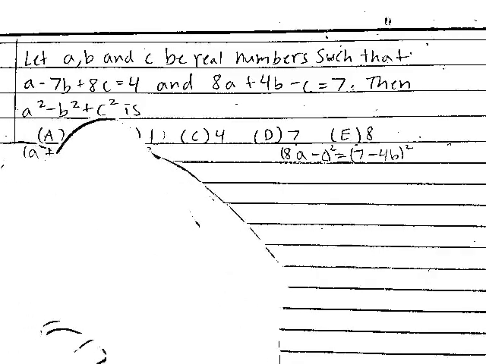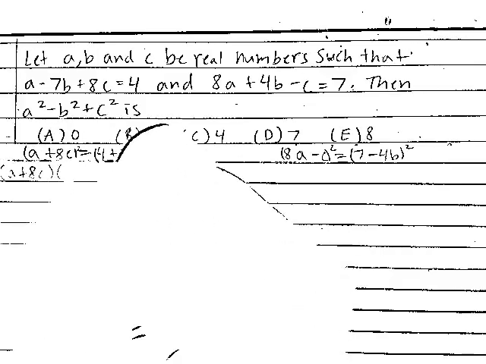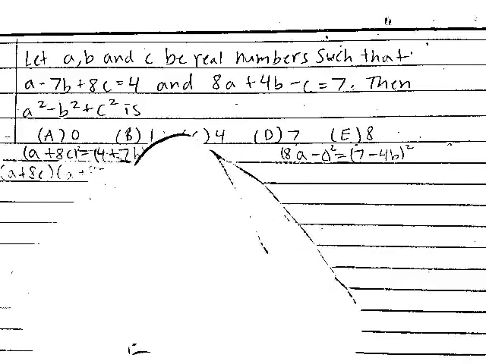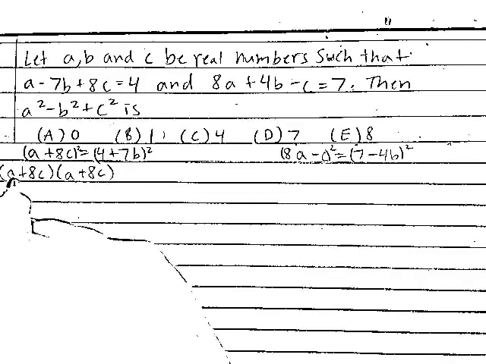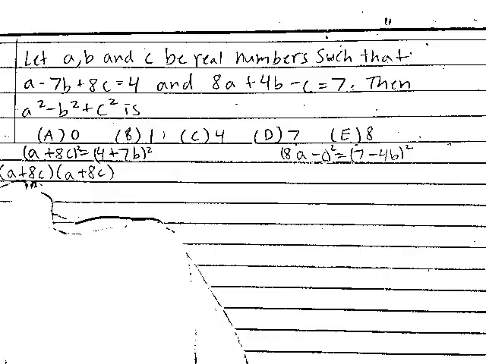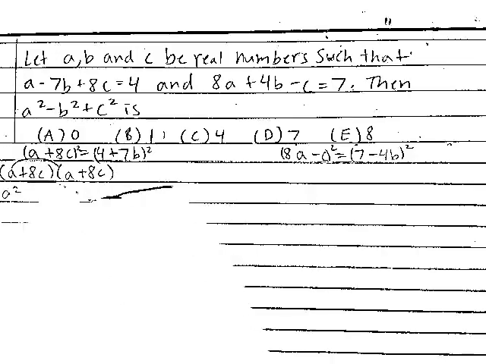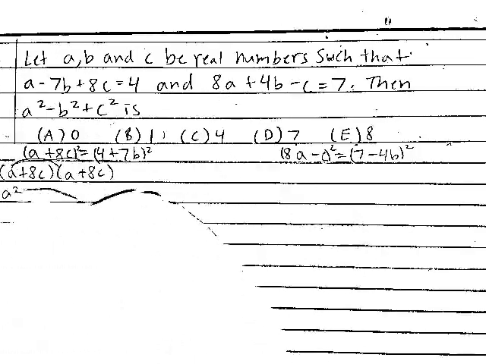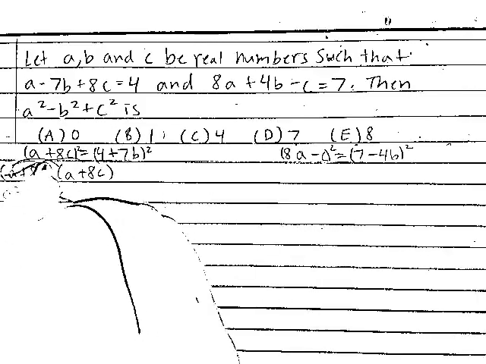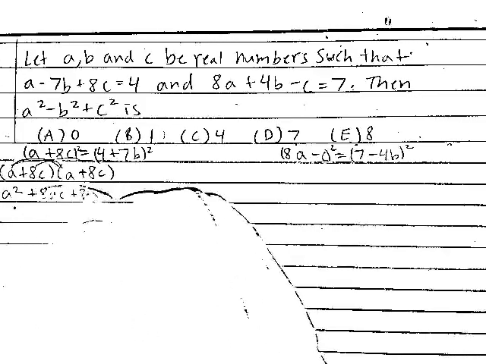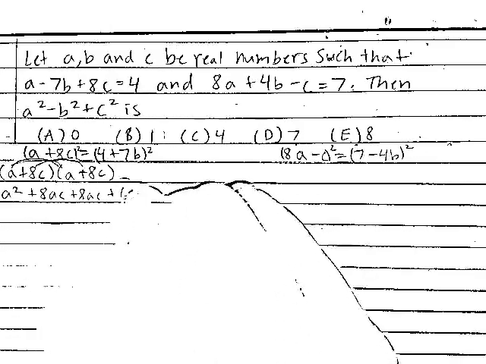So a plus 8c times a plus 8c, by doing FOIL. First, a squared, outer plus 8ac, inner plus 8ac, and last plus 64c.